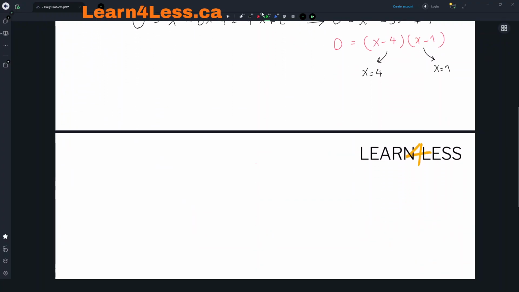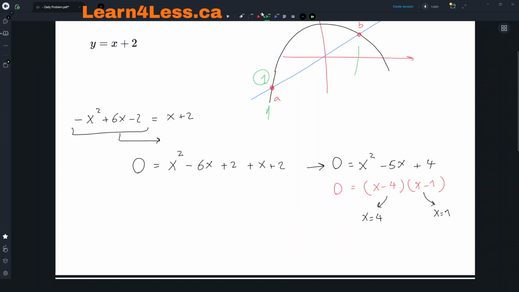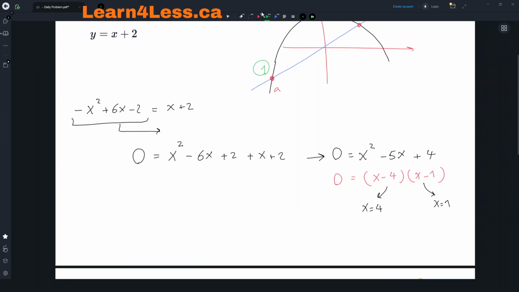Now what we need to do is simply take the integral of the upper function minus the lower function, dx from 1 to 4, from the starting point to the ending point.